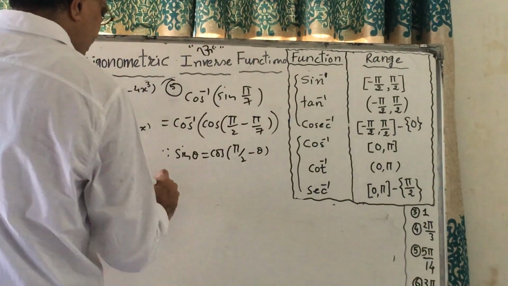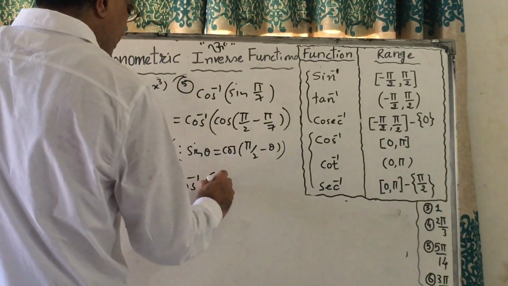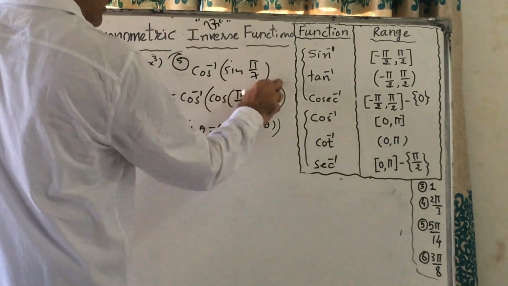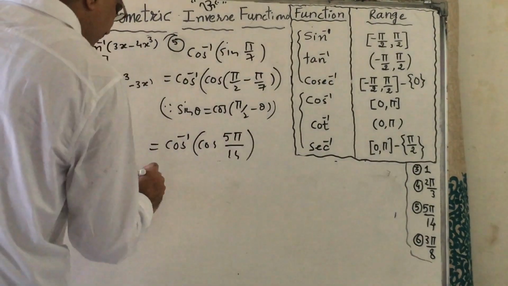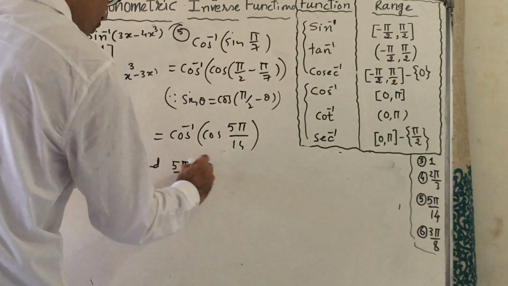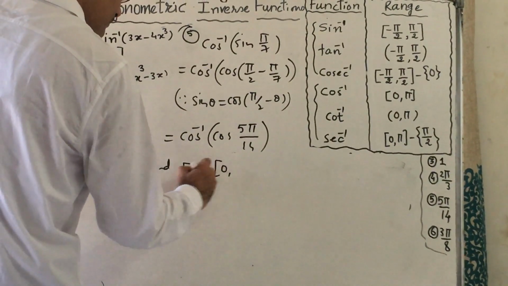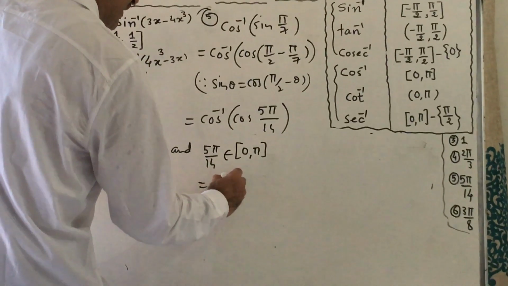So it equals cos inverse of cos of, taking LCM, 7 pi minus 2 pi, so that is 5 pi by 14, and we know that 5 pi by 14 belongs to 0 to pi. So the answer is 5 pi by 14.